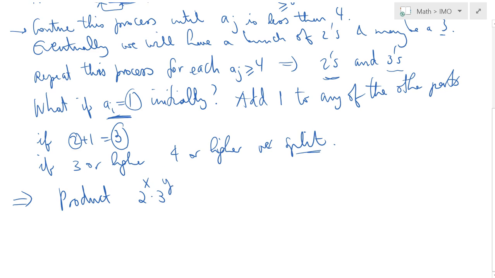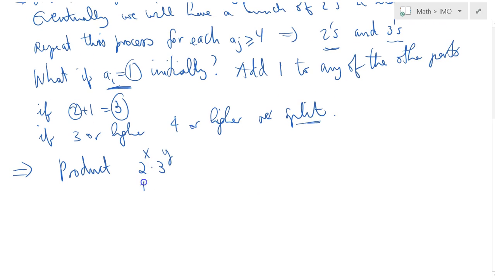But shall we stop there? Not really. Let's see which one is more efficient, the 2s or the 3s. So it depends. If x is greater than or equal to 3, namely we have 3 or more 2s in the final situation, which is very likely going to be the case, then notice that 2 plus 2 plus 2 is obviously 3 plus 3.